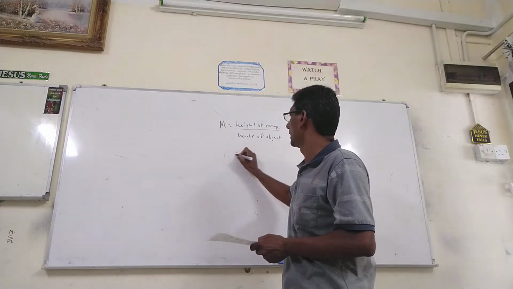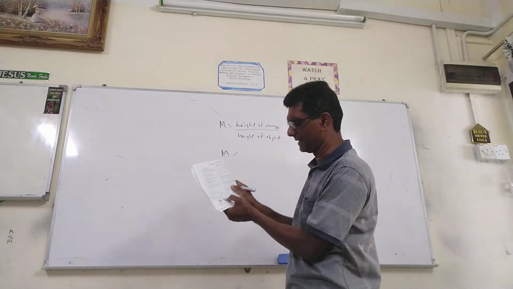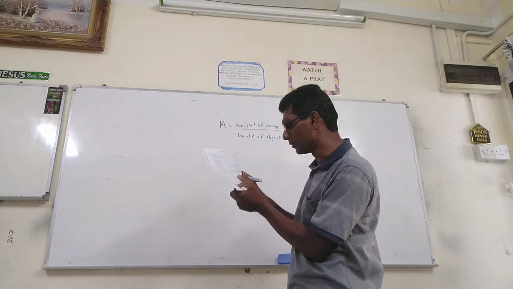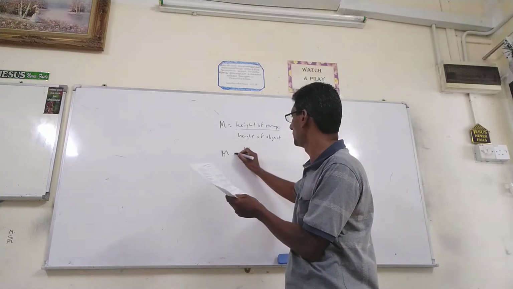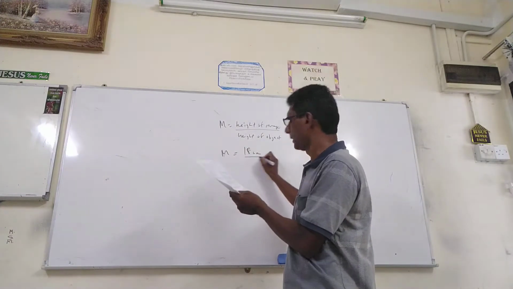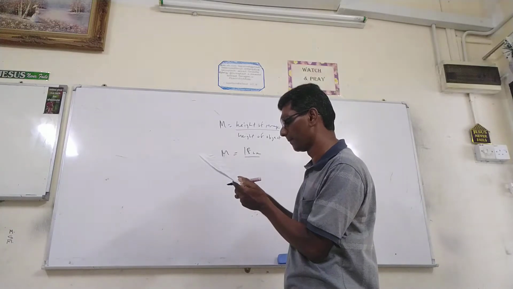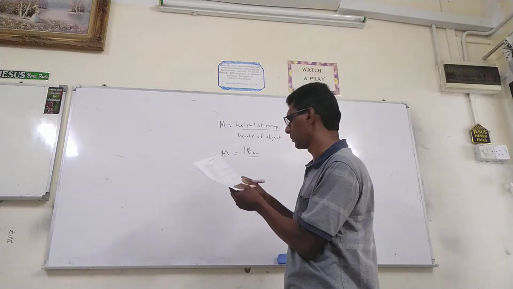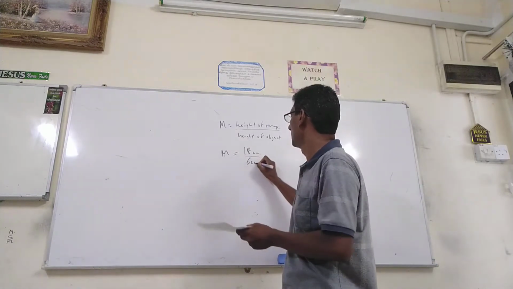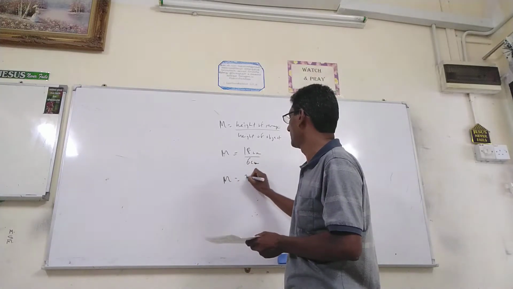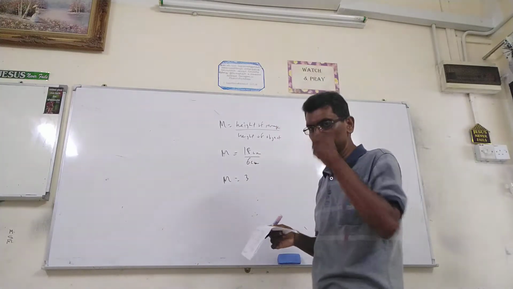The height of the image is 18 cm, though it is very blurred. The height of the object is 6 cm. So the magnification equals 3.